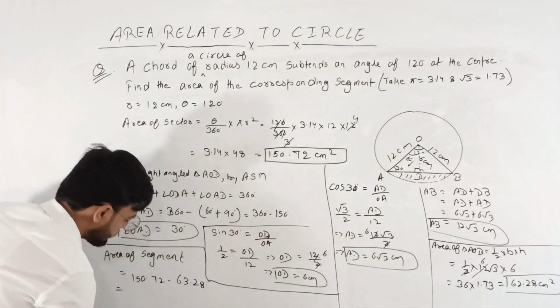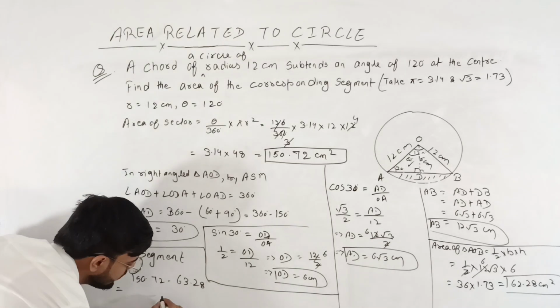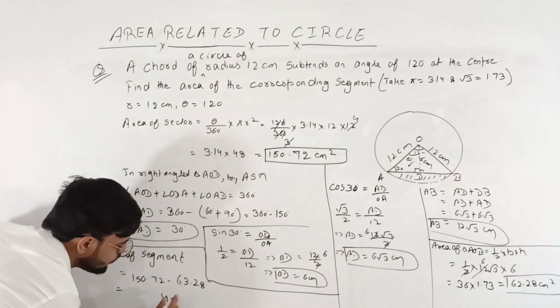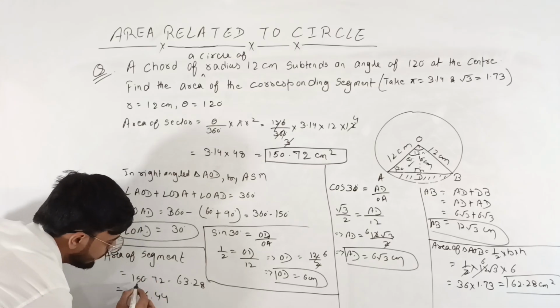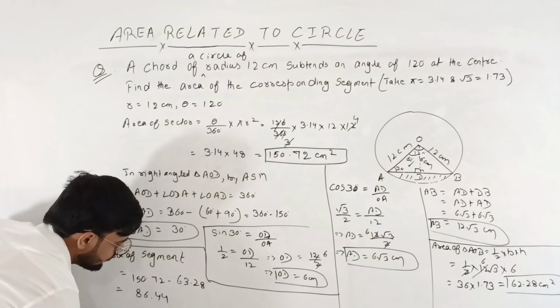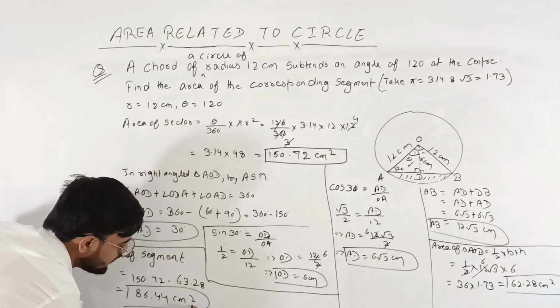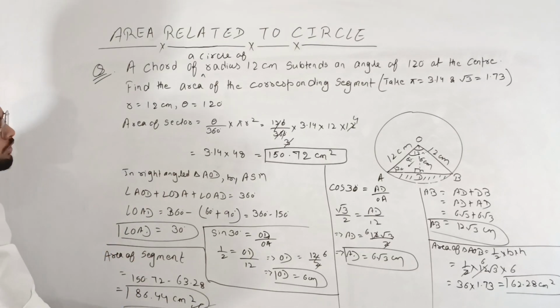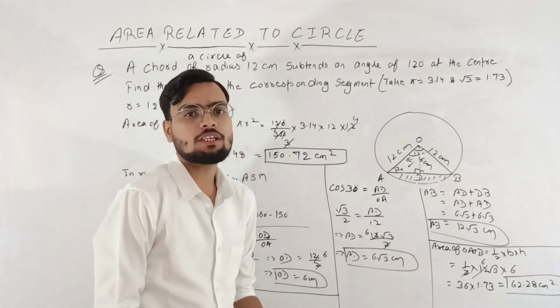Now after subtracting, this will become 12 minus 8 is 4. Now this is 6 minus 2 is 4 point. This is 9 minus 3 is 6. 14 minus 6 is 8. This is the answer. Area of segment is 86.44 centimeter square. Understood?